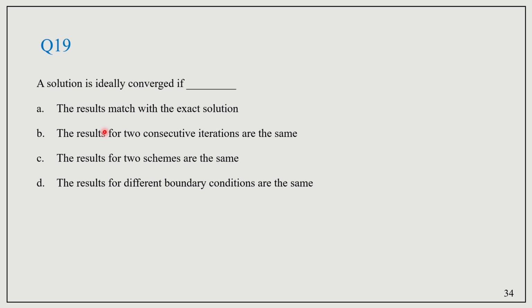When we are saying a solution is converged, if results between two consecutive iterations are the same, we call it converged. In CFD, we will be solving based on iterations, giving a certain number of iterations or certain conditions.